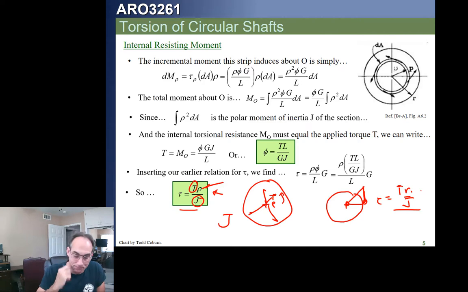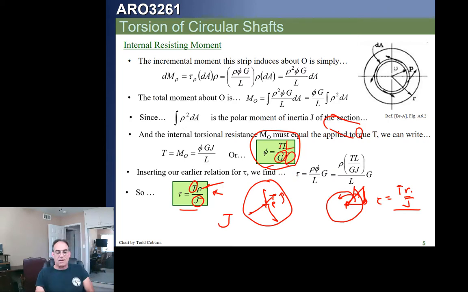Does that make sense? And if we want to know, for a given torque that's applied to this thing, what is the angle of twist that this thing will go into for the whole length of the part, as we saw before? That's given by this. We plug in the torque times the length of the thing, divided by the shear modulus times the polar moment of inertia.